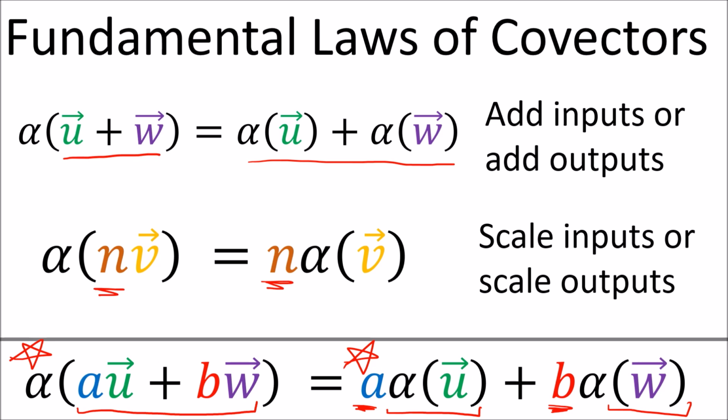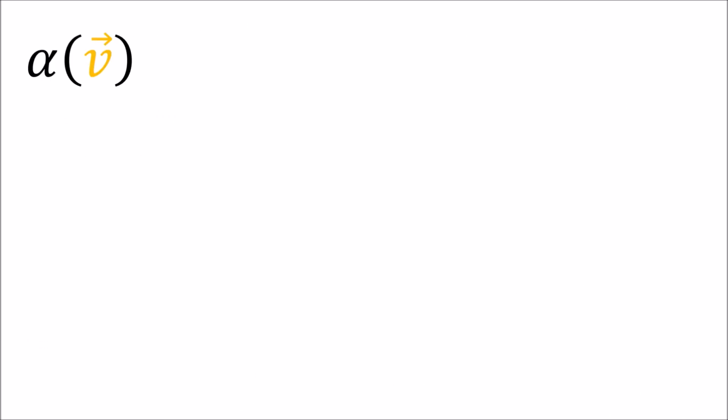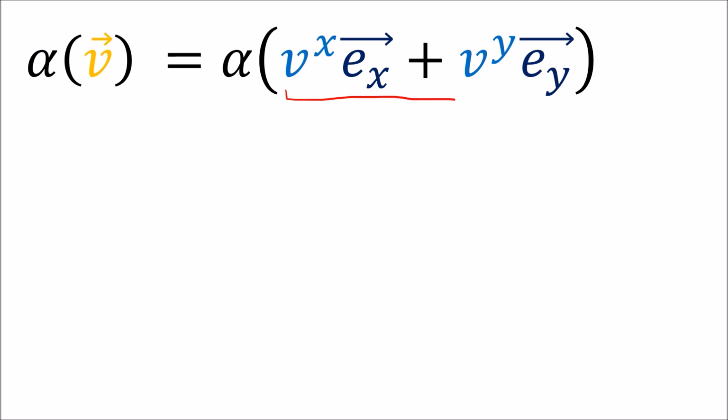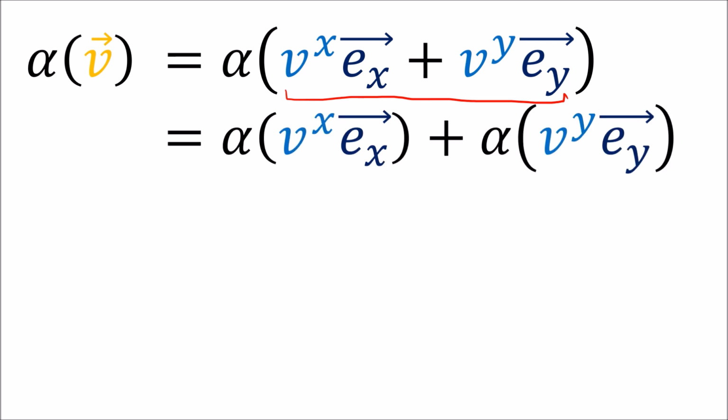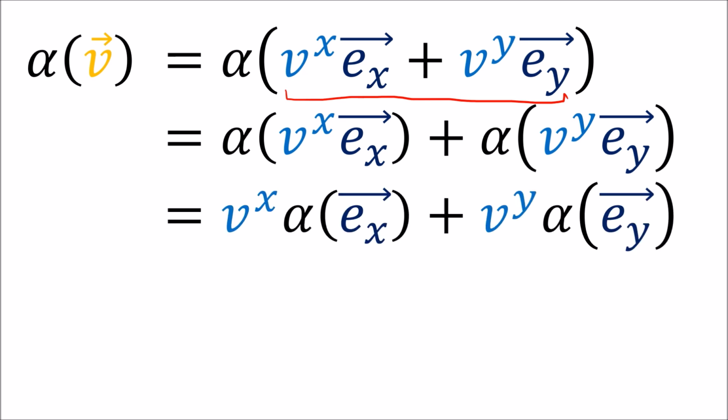This is a very useful fact because if we have alpha of v and then we expand v as a linear combination of a basis ex and ey with components vx and vy, we can split alpha across the two sum terms and then bring the vector components outside. So if we want to know how alpha acts on an arbitrary vector v, all we really need to know is how alpha acts on the basis vectors ex and ey.